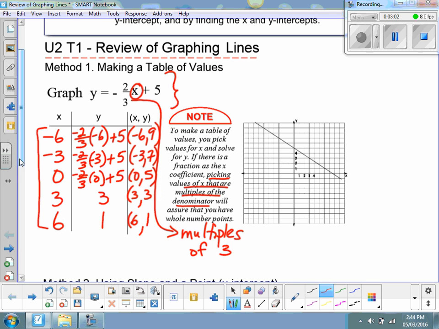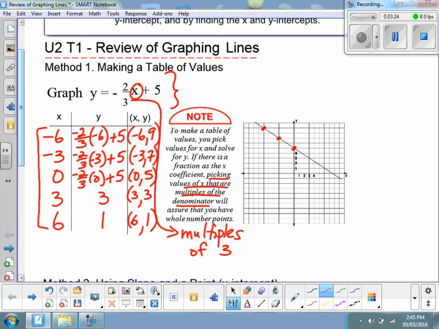All right, and then you can see we've already got the line on the graph here, but we'll just double check. So at -6, 9, we've got that point there. So that's the first point there. We've got -3, 7. What's that point? We've got 0, 5.